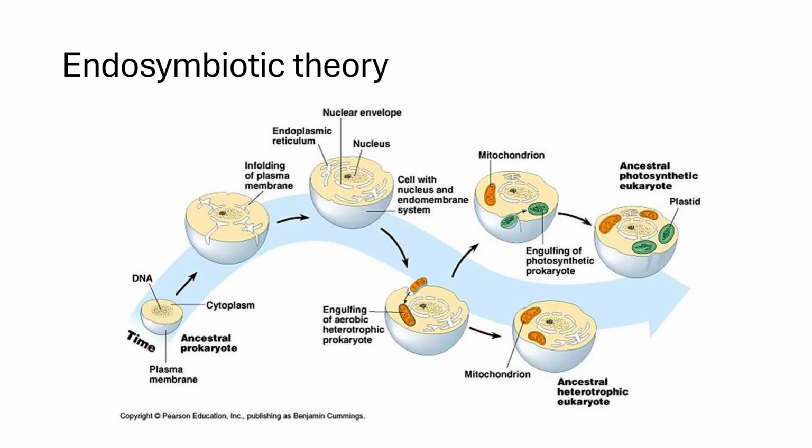The theory states that a large ancestral eukaryotic cell engulfed but did not digest a small prokaryotic cell that was capable of aerobic respiration. So here's our ancestral prokaryotic organism. He got a little larger, and notice that the membrane is starting to internalize. That's going to lead to other membrane-bound organelles.